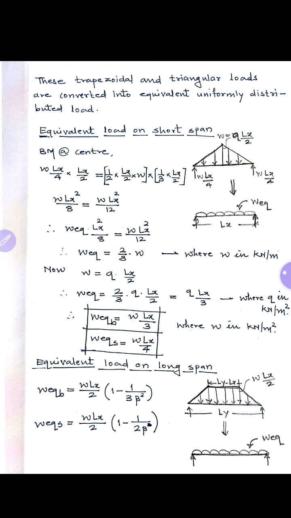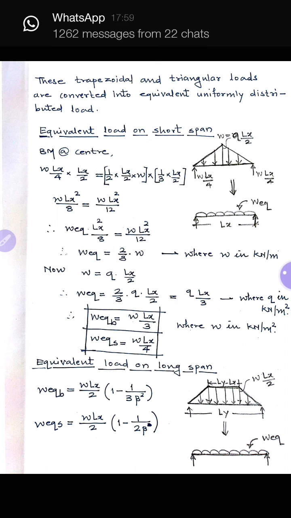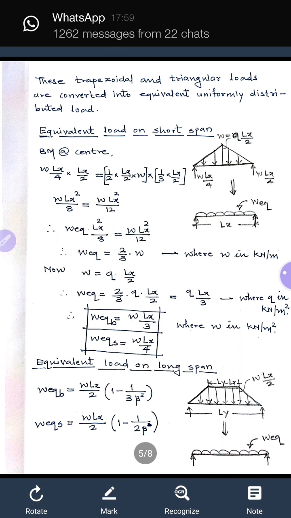In this way, W equivalent equals 2/3 times W. So in short, to find the equivalent load, we have to multiply this load W by a factor 2/3, and this is the equivalent factor for triangular load.